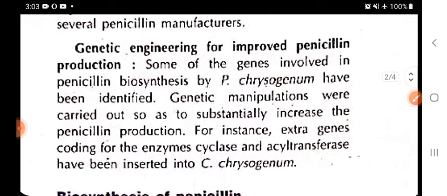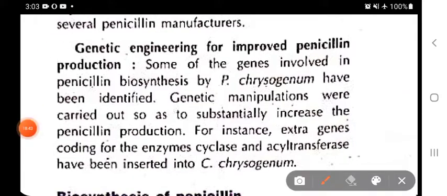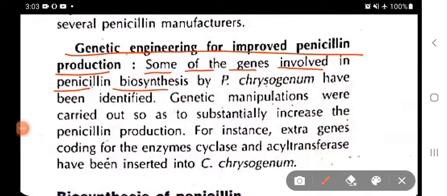Now, genetic engineering for improved penicillin production. Some of the genes involved in penicillin biosynthesis by Penicillium chrysogenum have been identified. So the genes which are involved in penicillin biosynthesis within the genome of Penicillium chrysogenum have been identified.